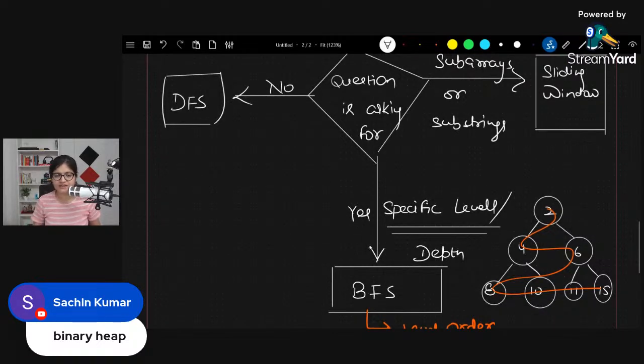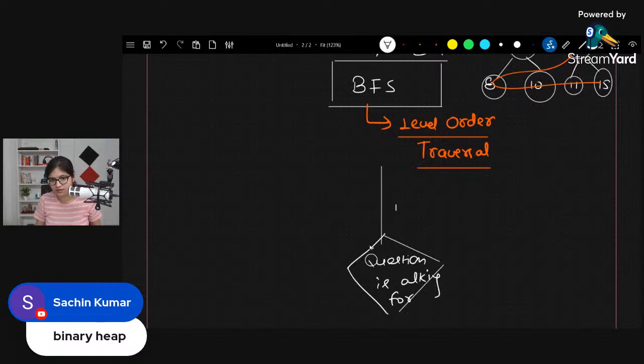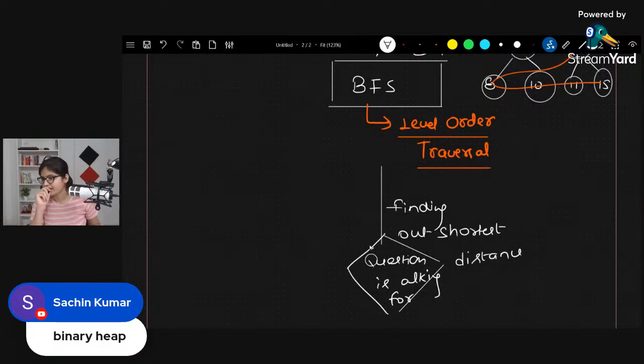Let's say your question is asking for finding the shortest distance. Which particular algorithm will you use to get that?